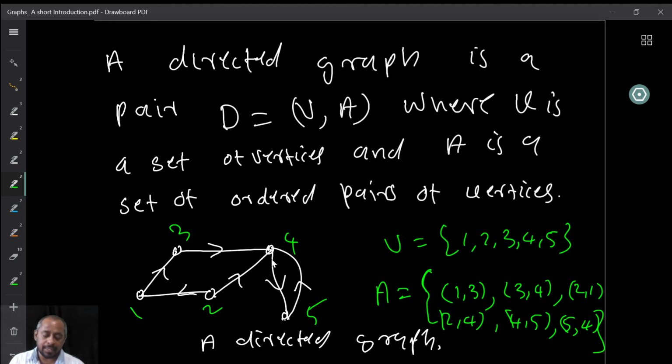Therefore, the out degree here is 2. On the other hand, if you take the vertex 3, (3, 4) is going out, but (1, 3) is not going out of it. Therefore, I only count this one, so the out degree of 3 is 1.